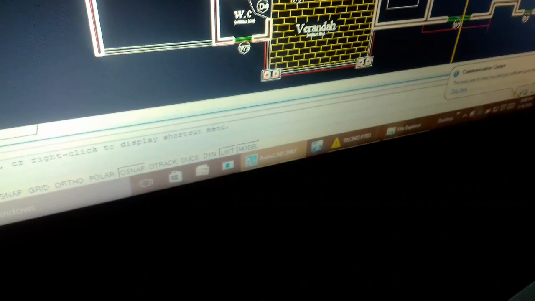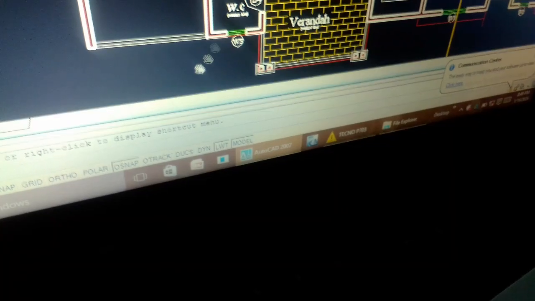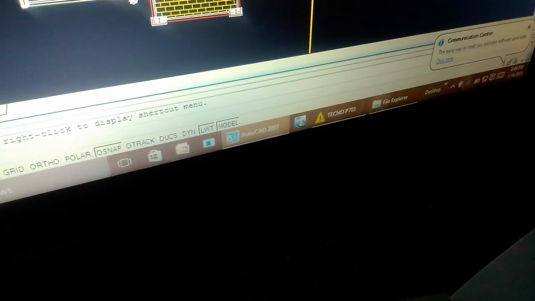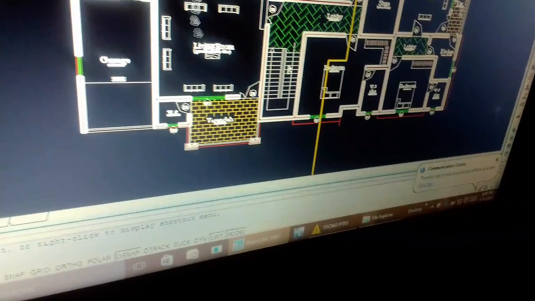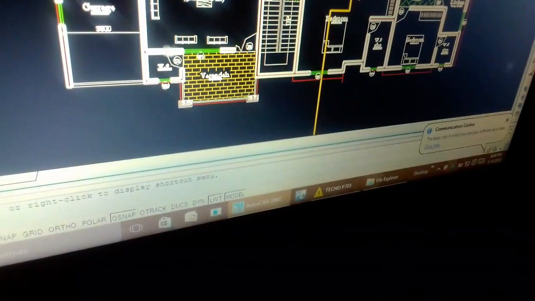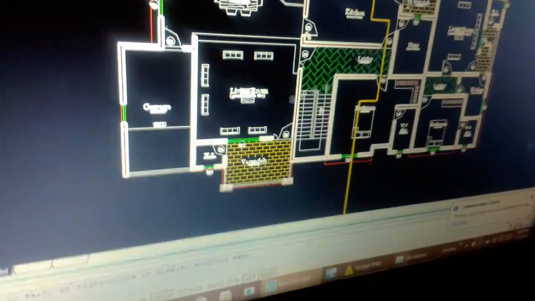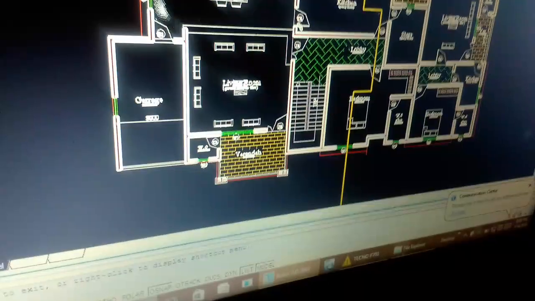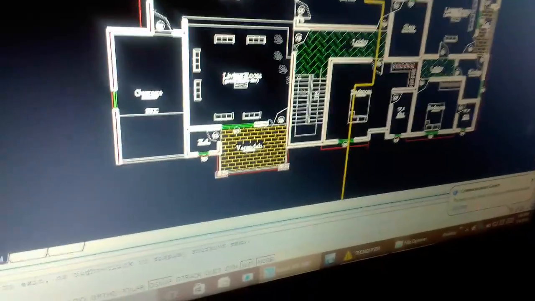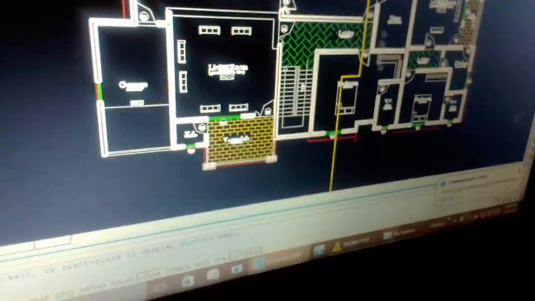This formula that I explained is for when there is an individual dimension, maybe one or two dimensions present on the floor plan, and you have to make use of the formula to get the rest of the measurements. After applying this formula, you can get the exact dimensions of all the spaces without guessing.